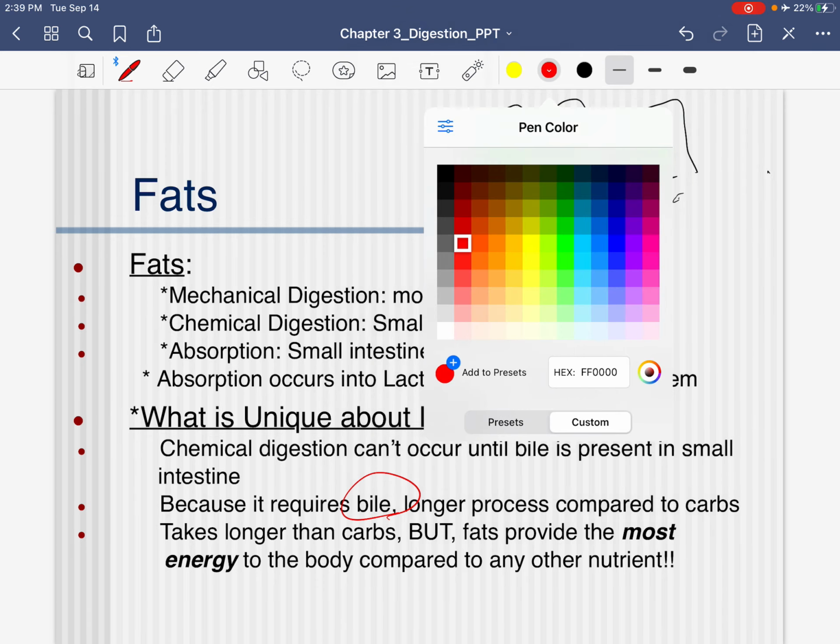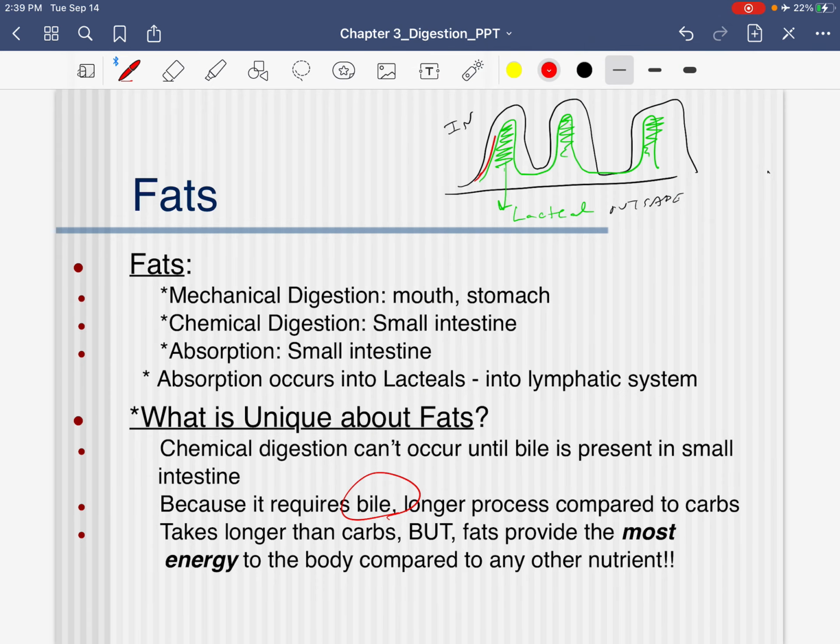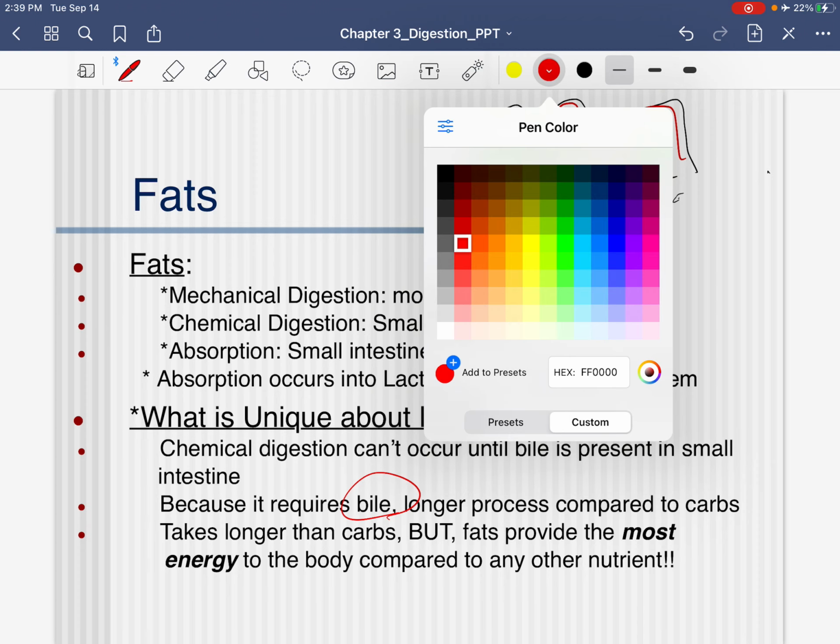Surrounding the lacteal would be arteries and veins.